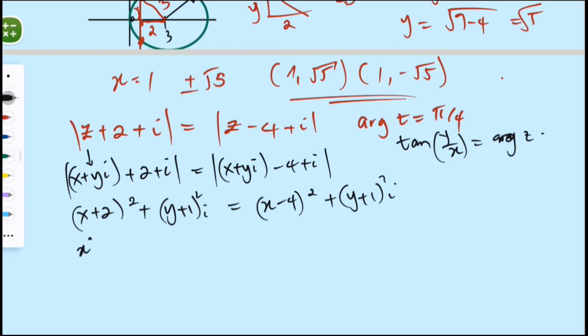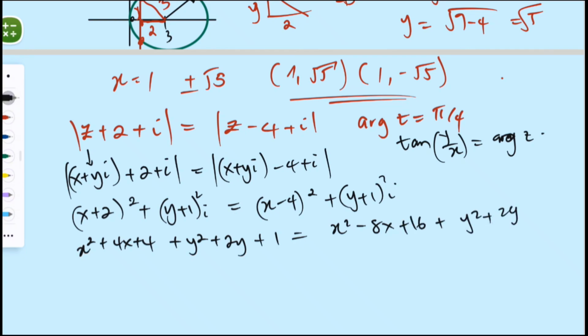Expanding the brackets: x² + 4x + 4 + y² + 2y + 1 = x² - 8x + 16 + y² + 2y + 1. Bringing the like terms together, x² cancels x², y² cancels y², and the 2y cancels on both sides.